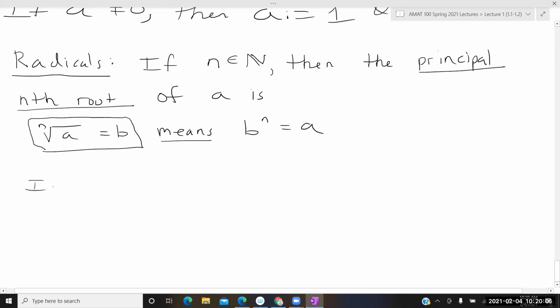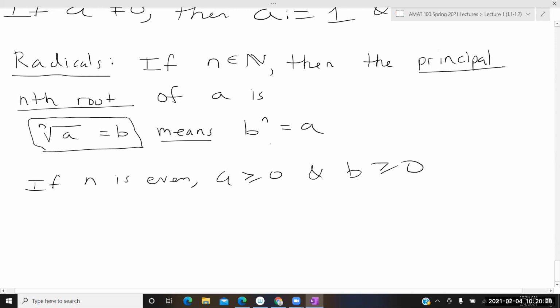And if n is even, we have to insist that A and B are positive, or non-negative, I should say. So in other words, this nth root of A is that number such that when you raise it to n, you get A back.